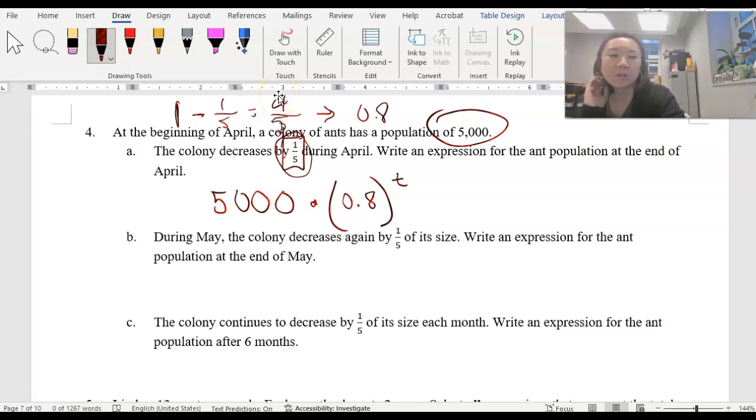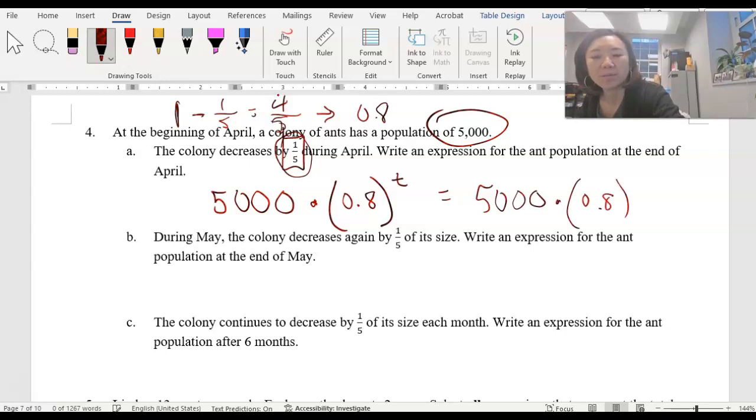Okay. It says during May, the colony decreases again by 1/5 of its size. Write an expression for the ant population at the end of May. Okay, so this is actually just for April, so we didn't need t. That would be to the 1. So this is 5,000 times 0.8. And then this is giving us the next month.